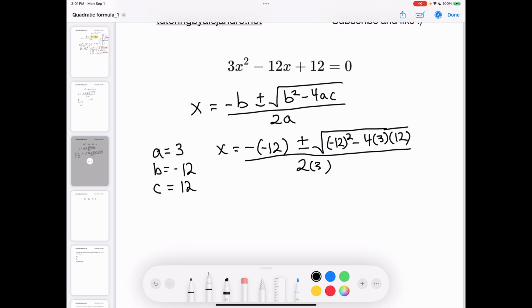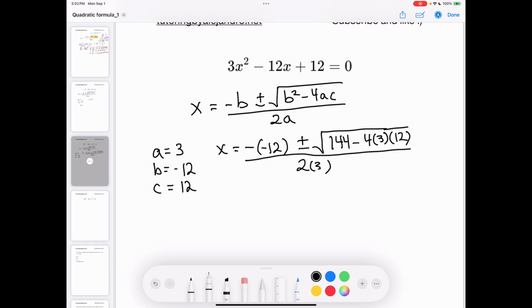Now, let's take a look at the discriminant. So you have negative 12 squared. Since it's a negative number raised to an even power, that's going to be positive, and 12 squared is 144. Okay, great.